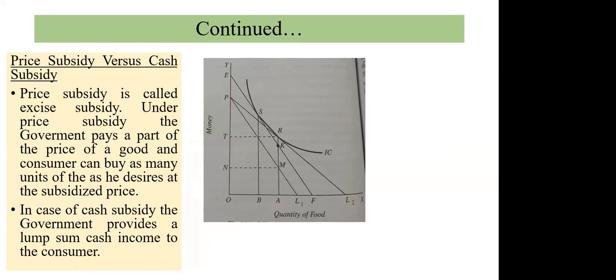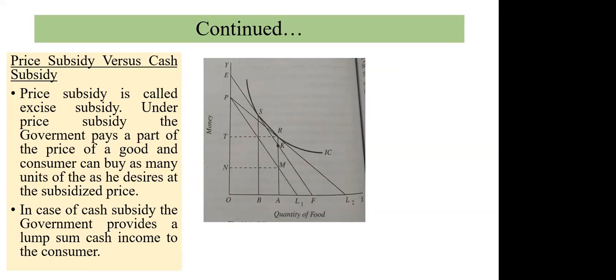Now the government pays half of the price of food. So what happens? The market price is reduced, and as a result my price line will shift from PL1 to PL2, because now with the subsidized price, I will be able to purchase more. So my budget line will shift to the right, from PL1 to PL2.